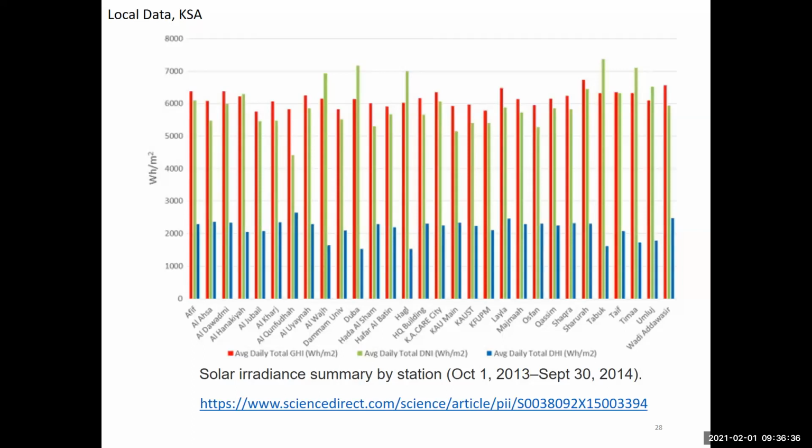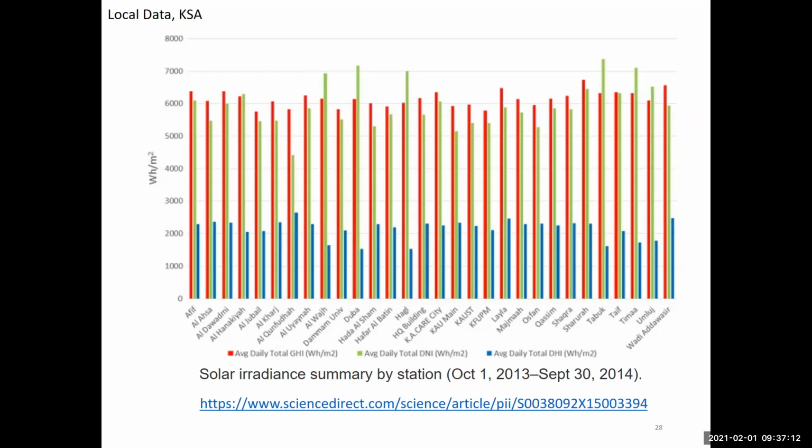And you can see it here in Afif, in Ahsan, Dawadmi, Al-Hanakiyah, Jubail, Kharj, Qunfudhah, Al-Uyaynah, Al-Wajh, Dammam University, Duba, and you can see Hafr al-Batin, Haql, Kakir city, which is the recent and the most accurate. And then King Abdulaziz University, KAUST, KFUPM, and then Layla, Majma'ah, Usfan, and so on. So in different places throughout the whole world.